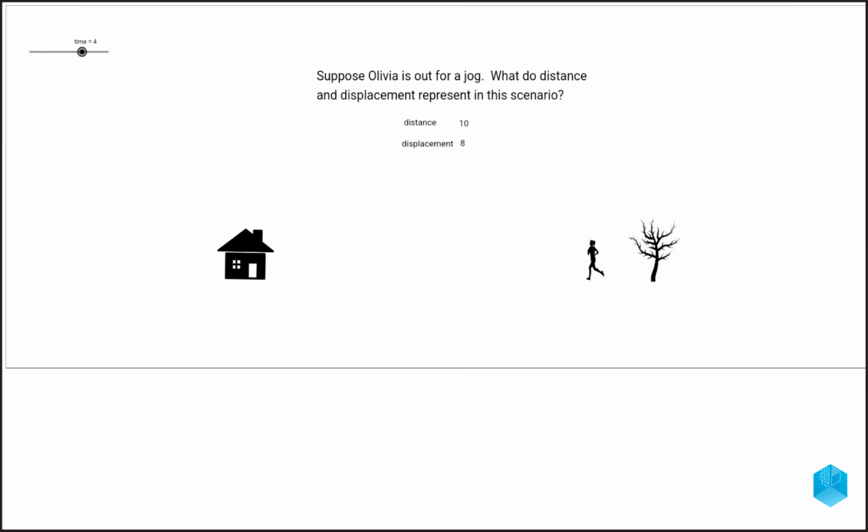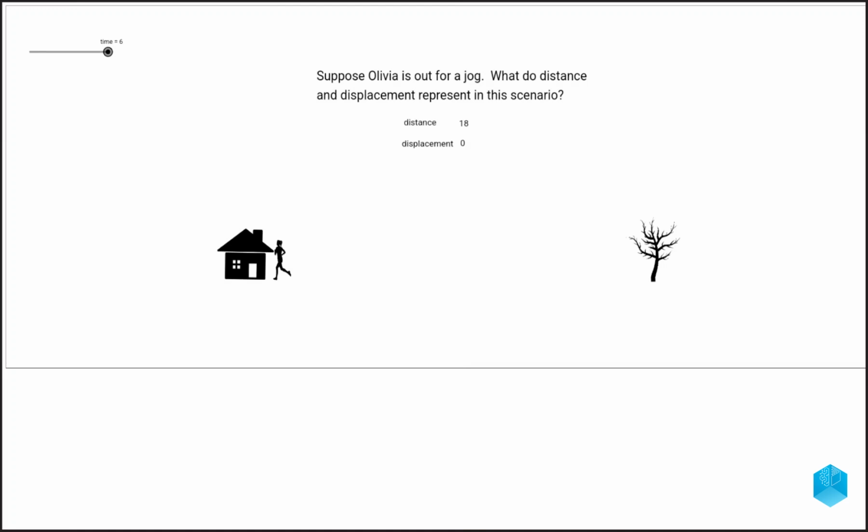In this activity, we have an object, and we have to move the object through this entire path and check the distance and displacement values.